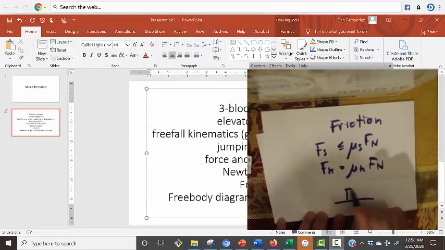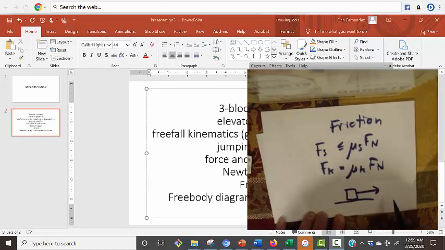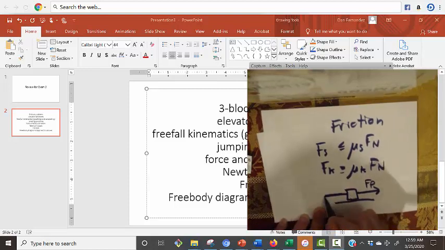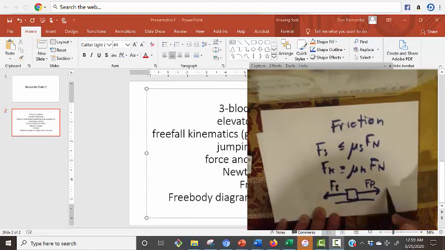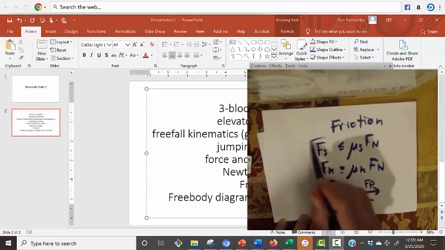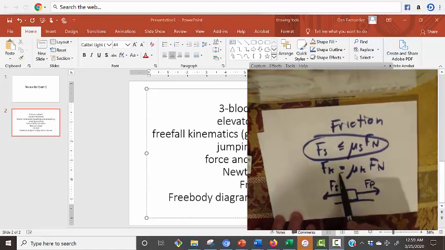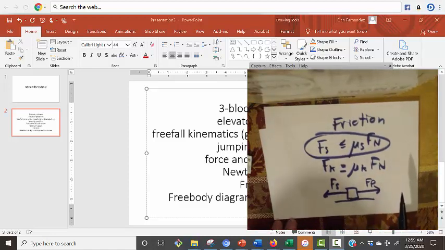So if there's an object here that's experiencing friction, it has to be experiencing some other force in order to experience friction. If it's static friction, friction can't exist by itself. There has to be somebody pushing on it, and then the static friction will try to oppose that until you push hard enough to get the object to start moving. But you can write friction as another force. It's just that when you're calculating it, you can use this equation. You have an additional special equation to use for cases where you have friction. So that is what's unique about friction.